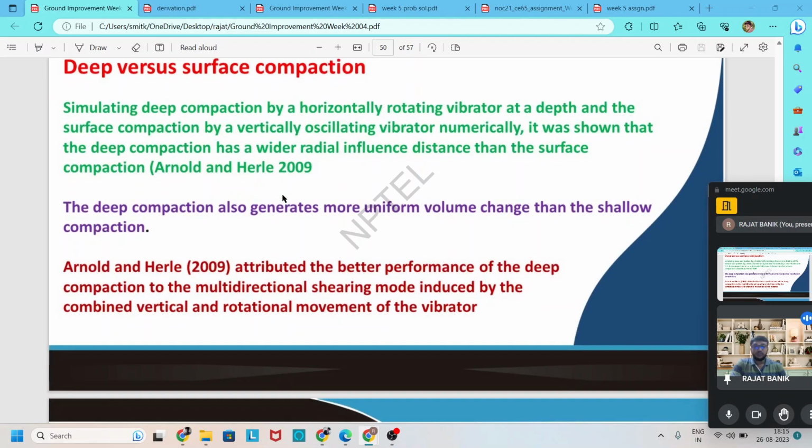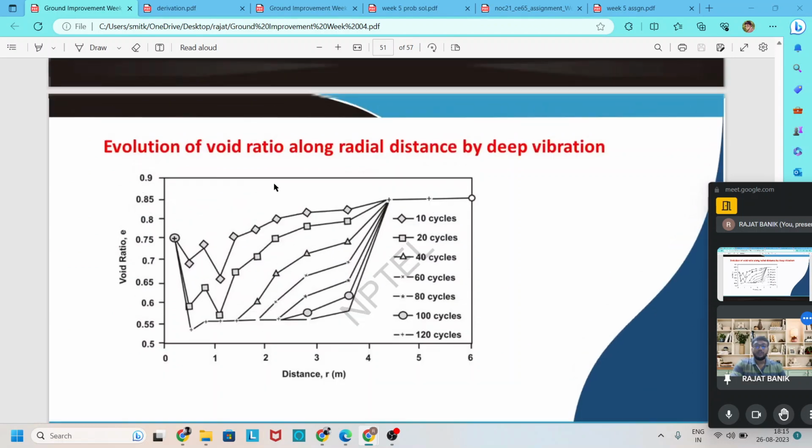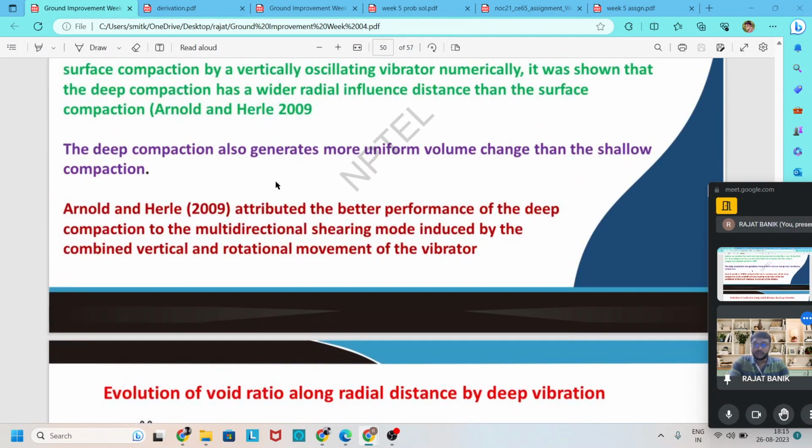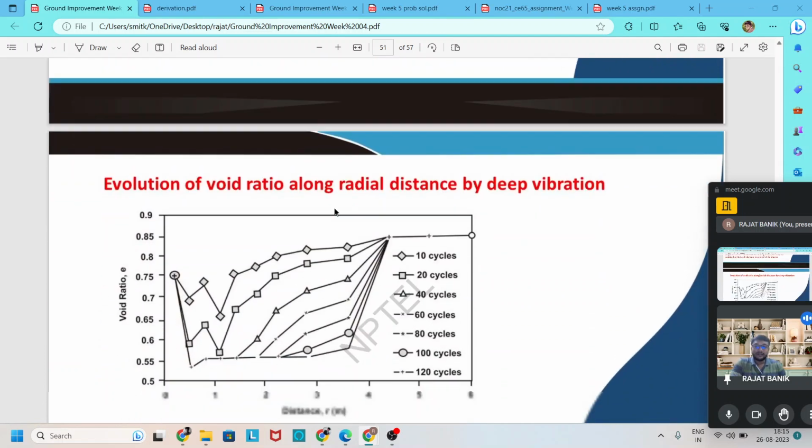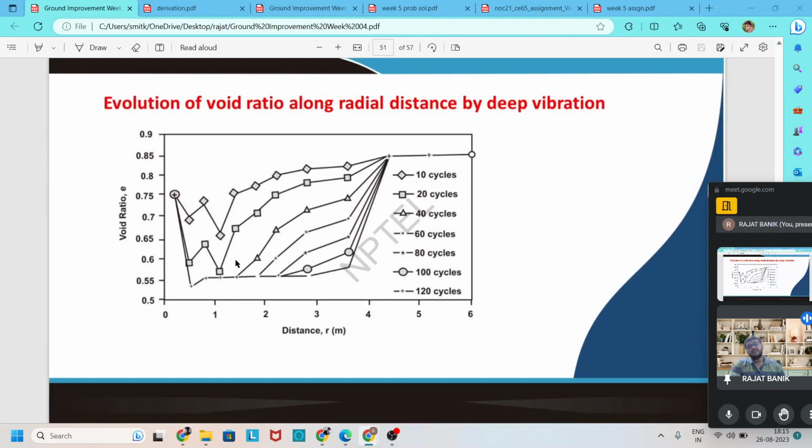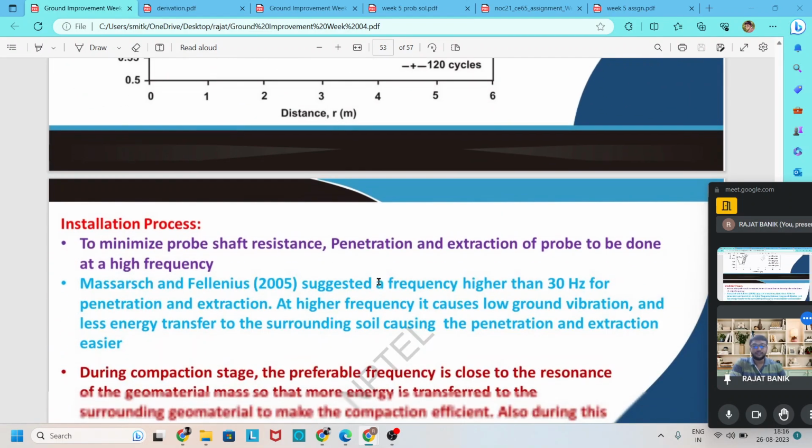Researchers Arnold and Hartley gave the idea, by numerical analysis, that when we increase the number of cycles, the depth of improvement, or the radius of influence zone, increases from 1 to 4. And we also see that the void ratio is reduced significantly more for deep compaction than for surface compaction.